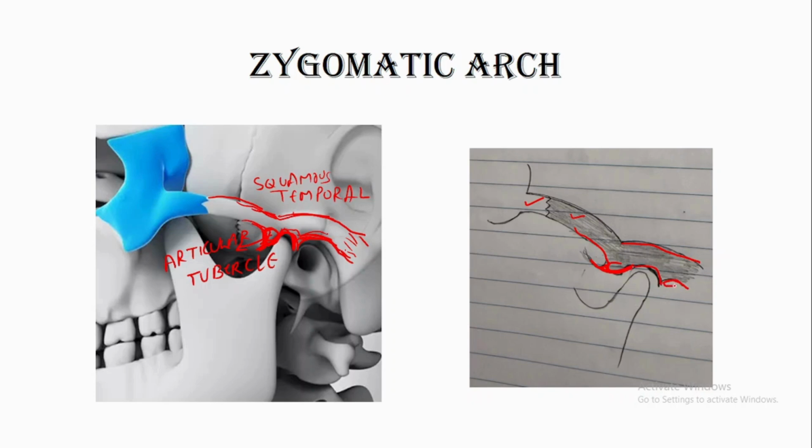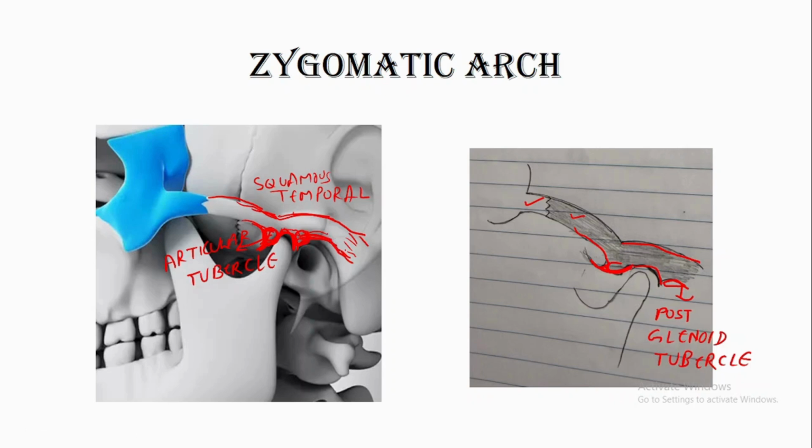Here it also forms a projection called the post-glenoid tubercle. So this one is the articular tubercle, and here the bony projection is the post-glenoid tubercle.